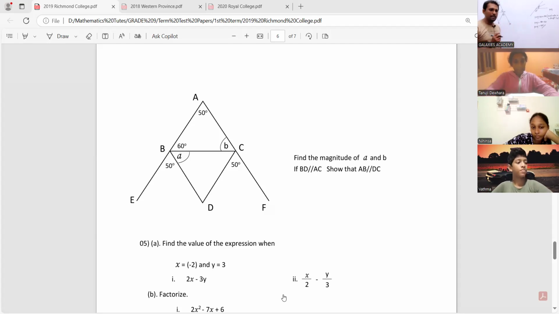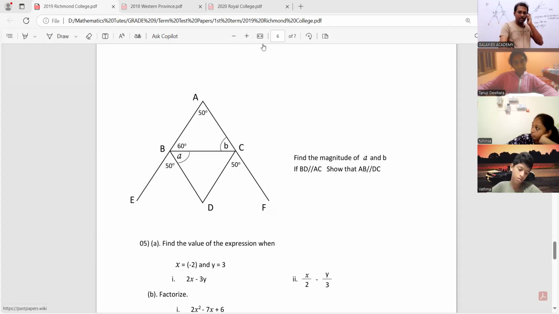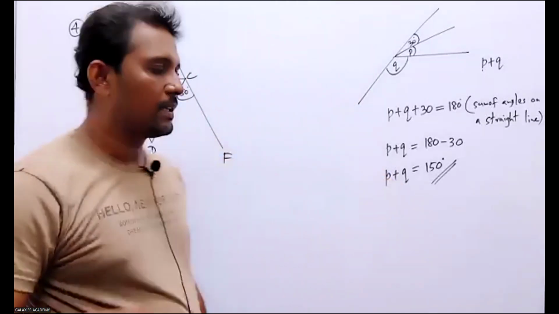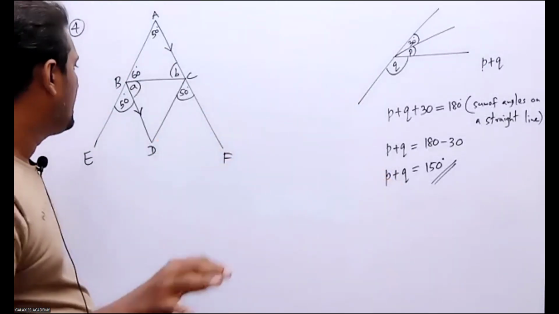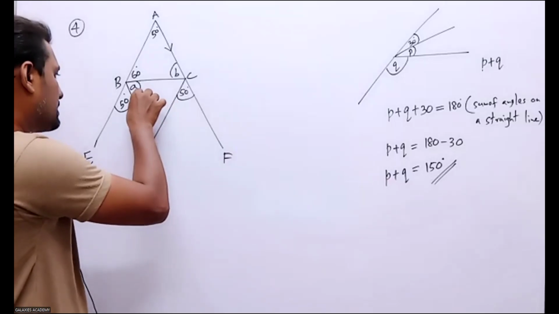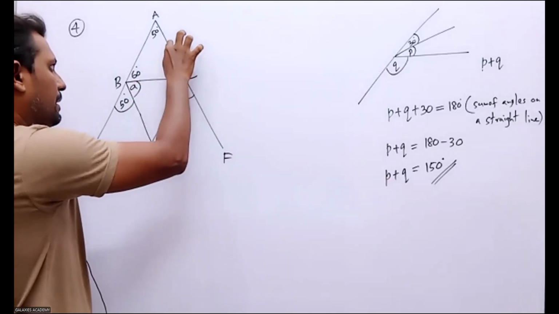If BD is parallel to AC, BD means this one, parallel to AC, and it is another part, no? Okay. First you have to find the A and B magnitudes. How can you find A and B?